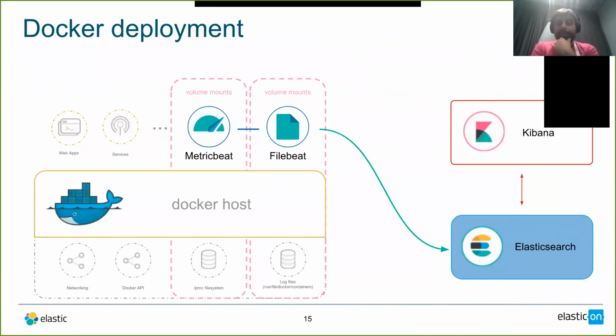In the case of Metricbeat, you want to mount the proc file system inside the Metricbeat container, so we get access to several things like processes that are running on the host. In the case of Filebeat, we want access to the /var/lib/docker/containers folder, because that's where Docker stores all the logs from the running containers, so Filebeat is able to read them and ship them to Elasticsearch or Logstash.